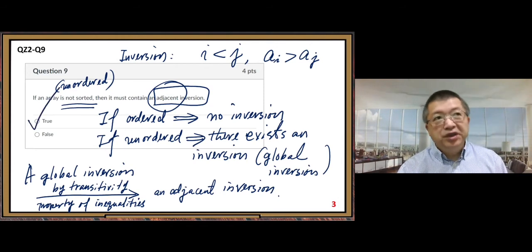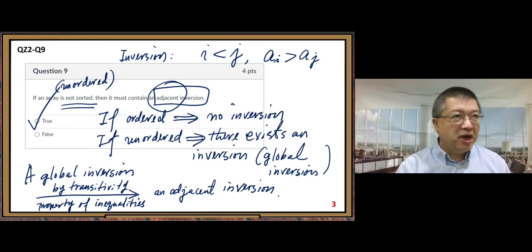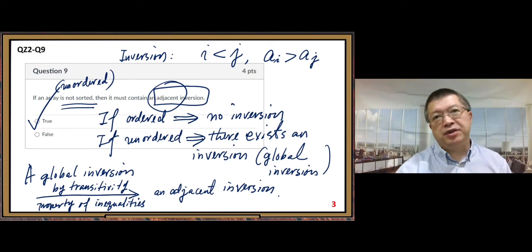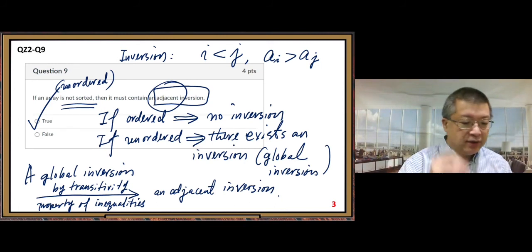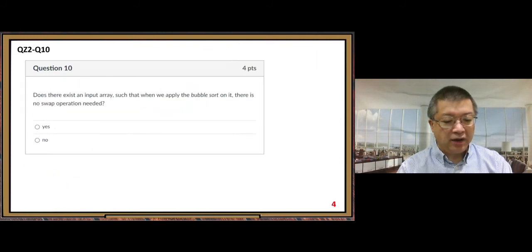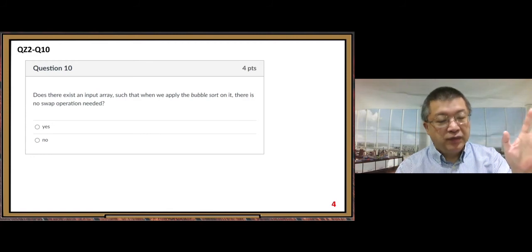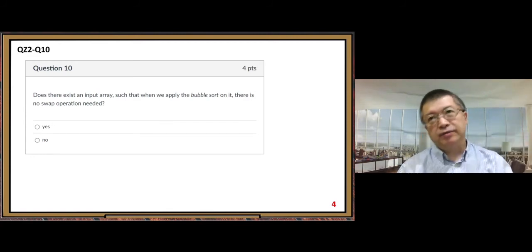You can see you need to know all these things before you can make a correct answer. All right, the last question of quiz 2, question number 10. Another question related to inversion in a hidden way.